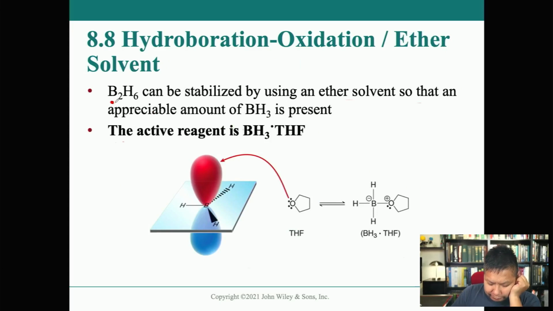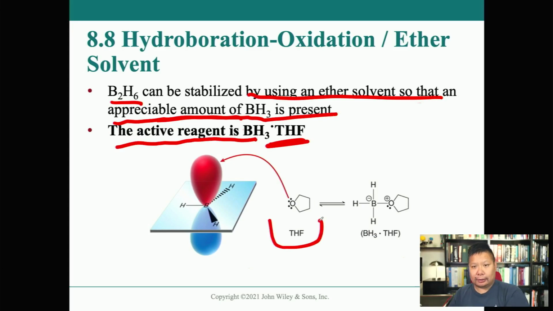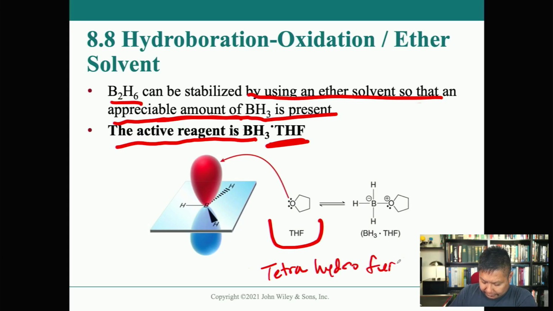So now the dimerized boron trihydride, or borane, can be stabilized by using an ether solvent, so that an appreciable amount of borane is present. So the active borane is there with THF, this is THF right here, the ether solvent, tetrahydrofuran.